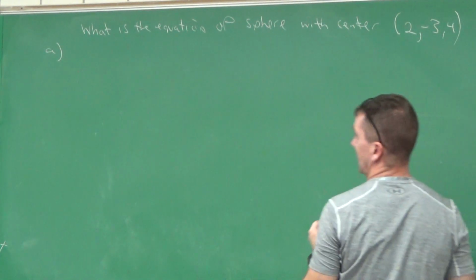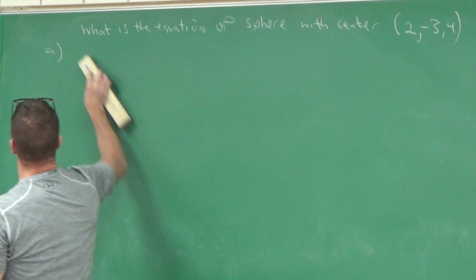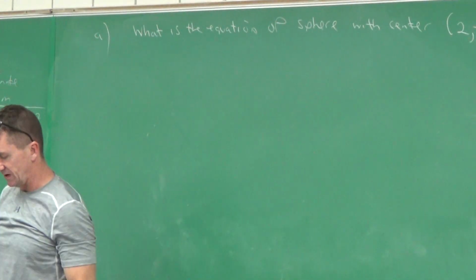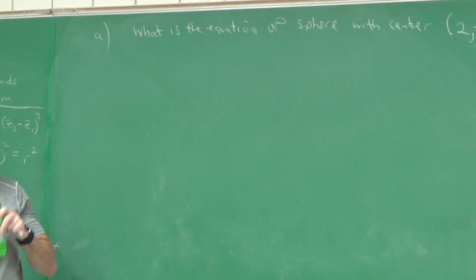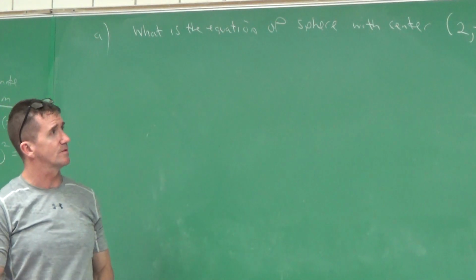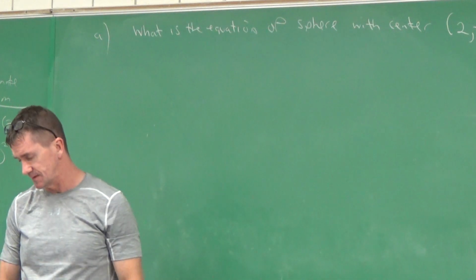So I think you'll find letter A pretty easy. This will be letter A, and then we'll go to letter B. What's the equation of a sphere with center 2, -3, 4, and radius 5?